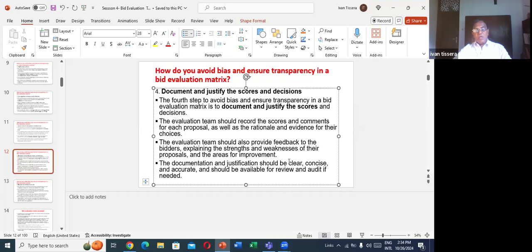The evaluation team should also provide feedback to the bidders, explaining the strengths and weaknesses, like our debriefing, what we do in bid evaluation. We give some explanation to unsuccessful bidders on why their bid was not selected, in order that at least they submit a good bid next time.